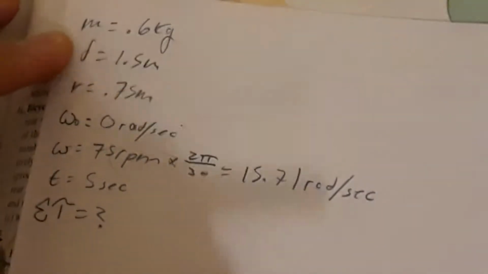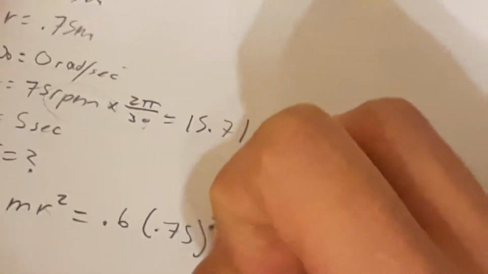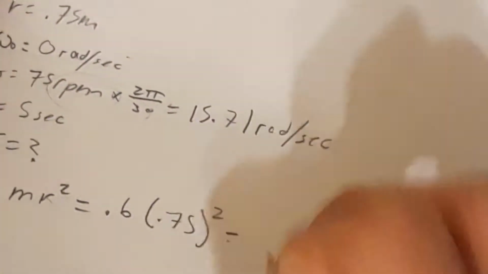I'm going to start off first with my moment of inertia, and my moment of inertia is going to be equal to mass times radius squared. So I'm just going to plug it in. It's real simple. My mass is 0.6 and my radius is 0.75 squared because it's part of the formula.